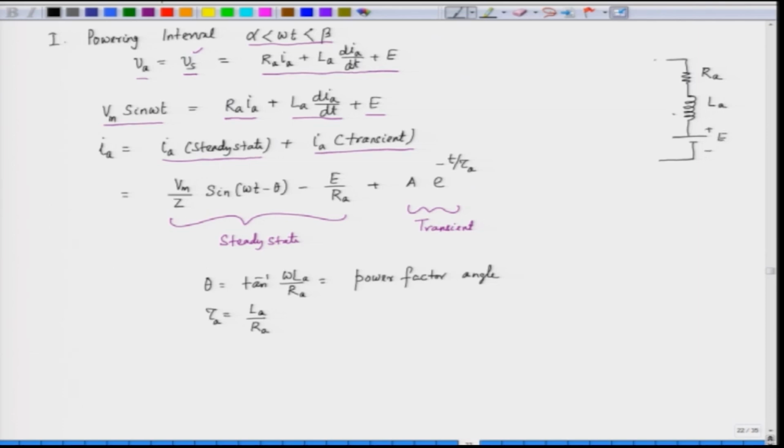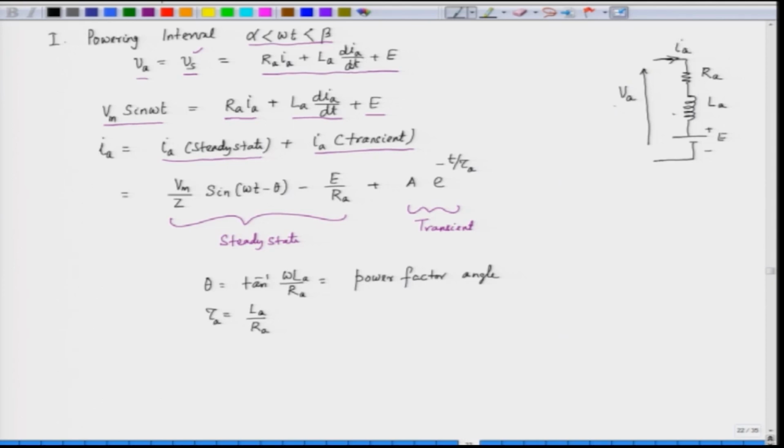So, when we write this equation for an RLE circuit, this is the applied voltage, that is VA, which is the same as Vs here. The steady state current which flows here, IA, has two components.